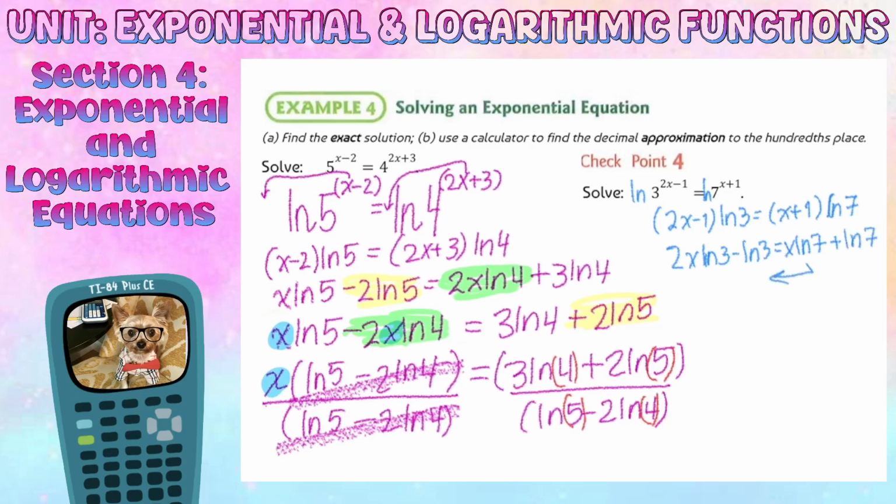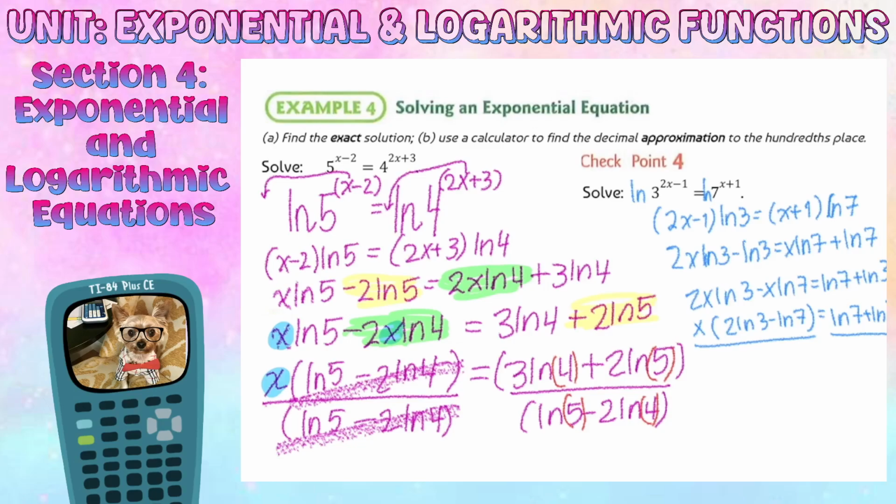We're going to bring that one to this side and that one to this side, because I want everything with x on one side. So I'll have 2x ln 3 minus x ln 7 equals ln 7, which is already there, plus ln 3. Factor out the x: x times 2 ln 3 minus ln 7 equals ln 7 plus ln 3.